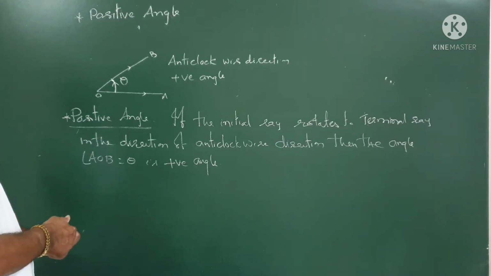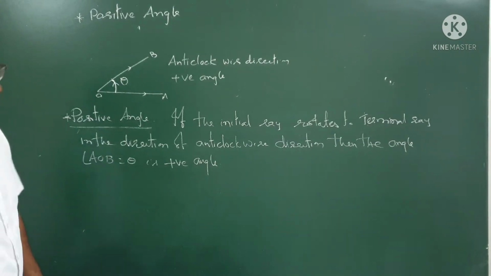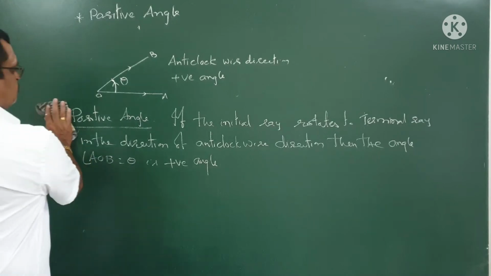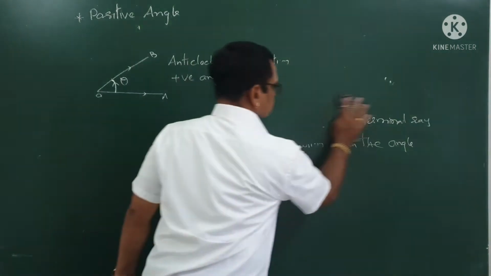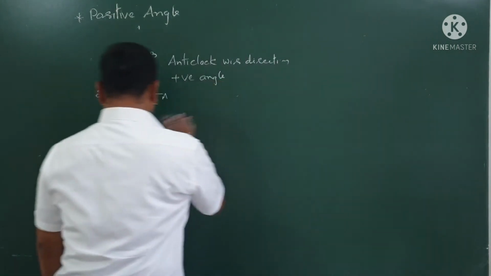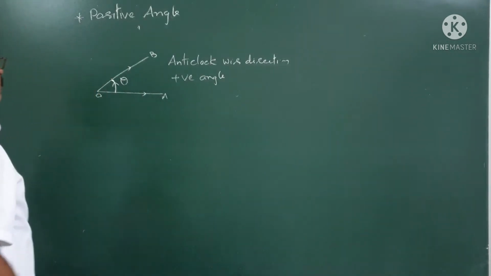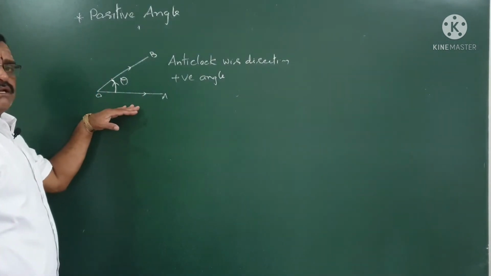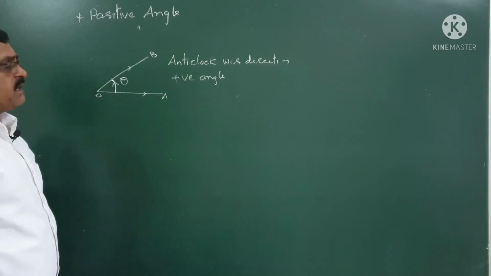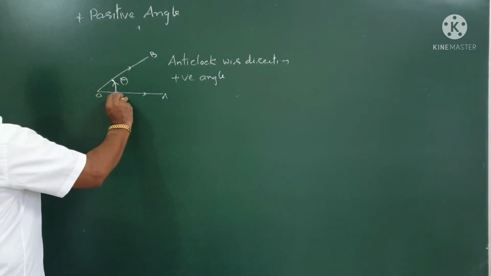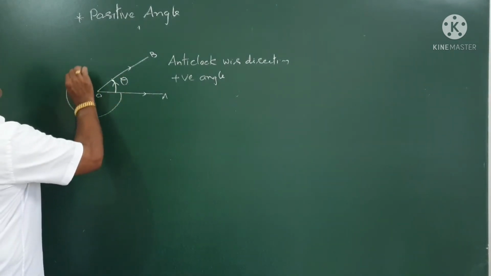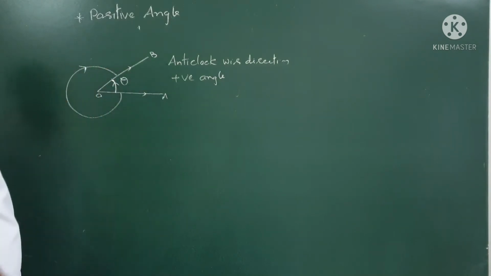Next, come to negative angle. Now, OA rotates to OB, but instead of the anti-clockwise direction, it rotates in a clockwise direction.